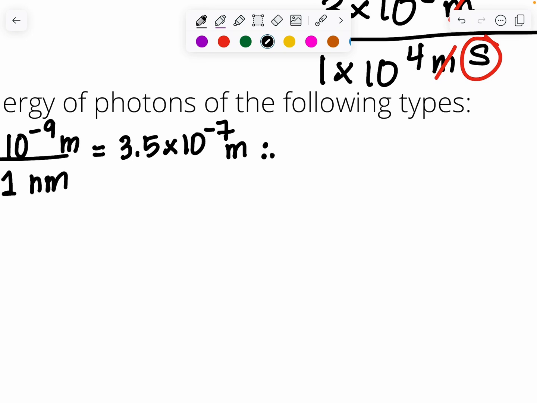So therefore, energy equals Planck's constant times the speed of light divided by wavelength.